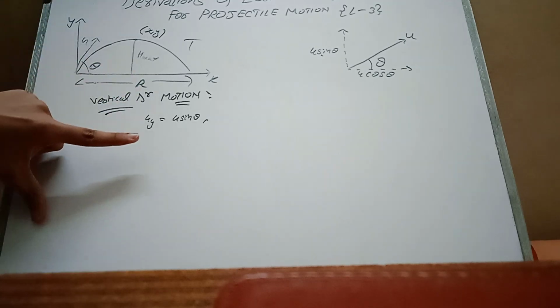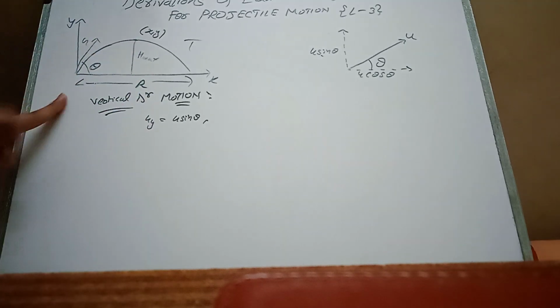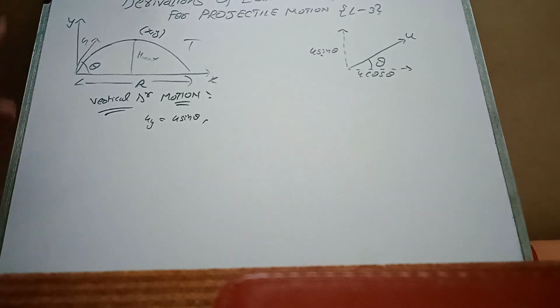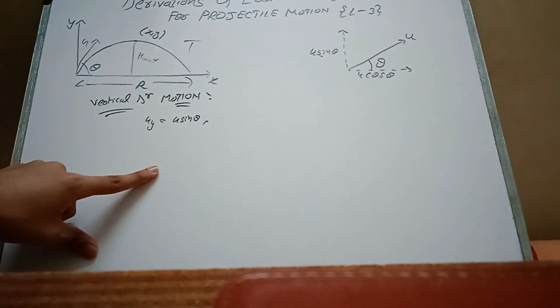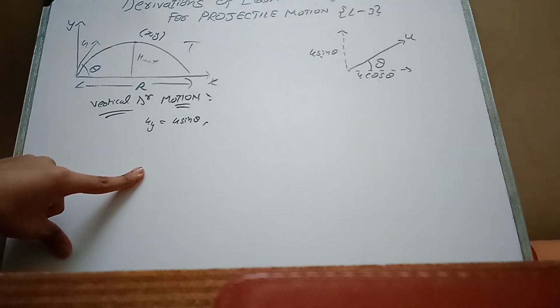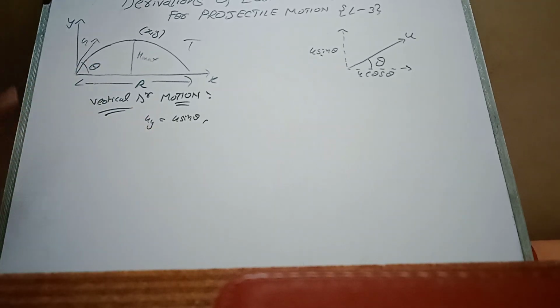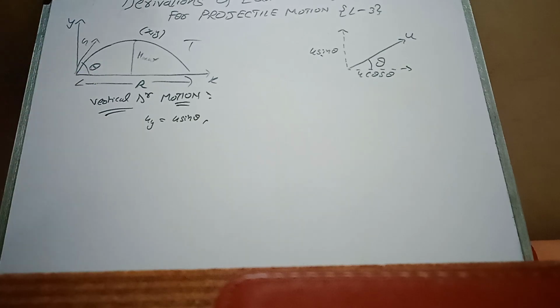And when you have taken your direction, stick to it. I have taken the vertical direction, so all the parameters, velocity, height, displacement, final velocity, acceleration, everything should be from the vertical direction perspective, not the horizontal. Yes.